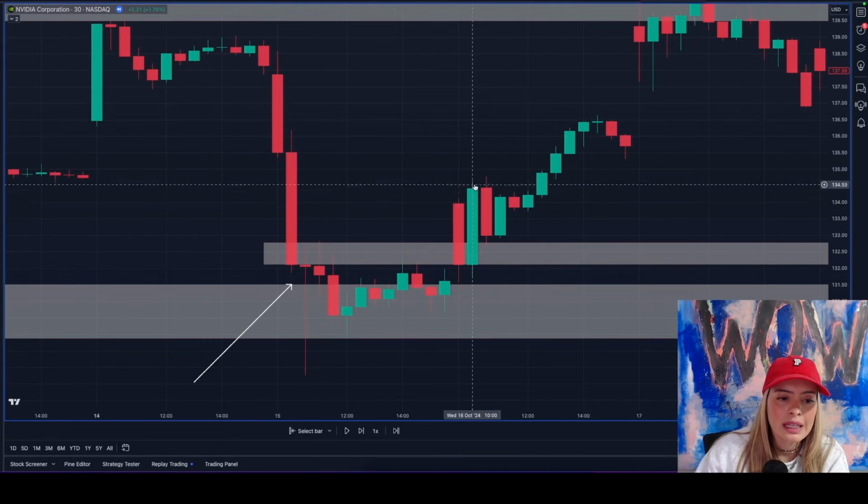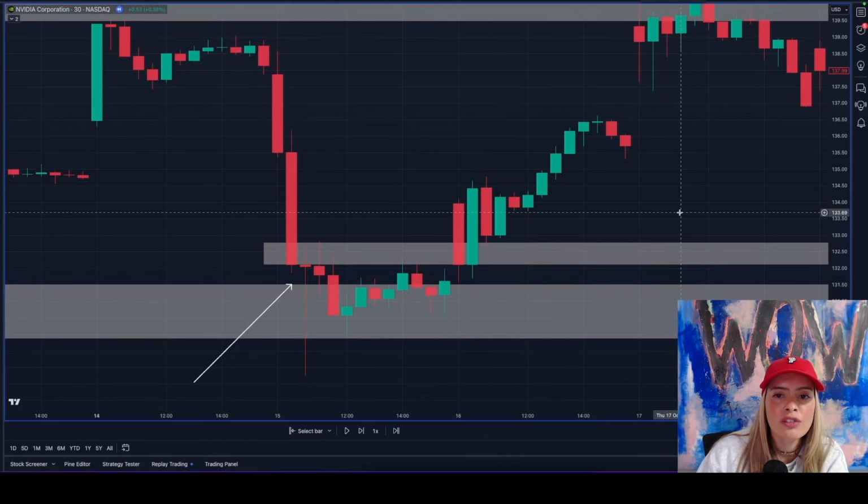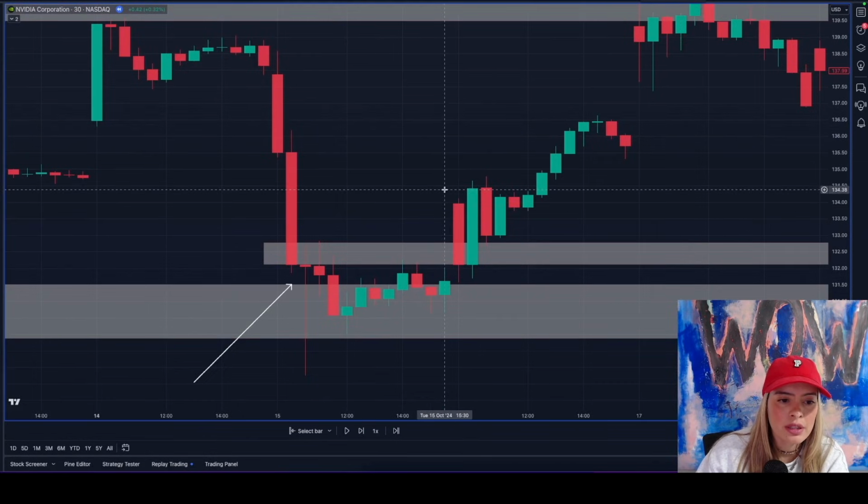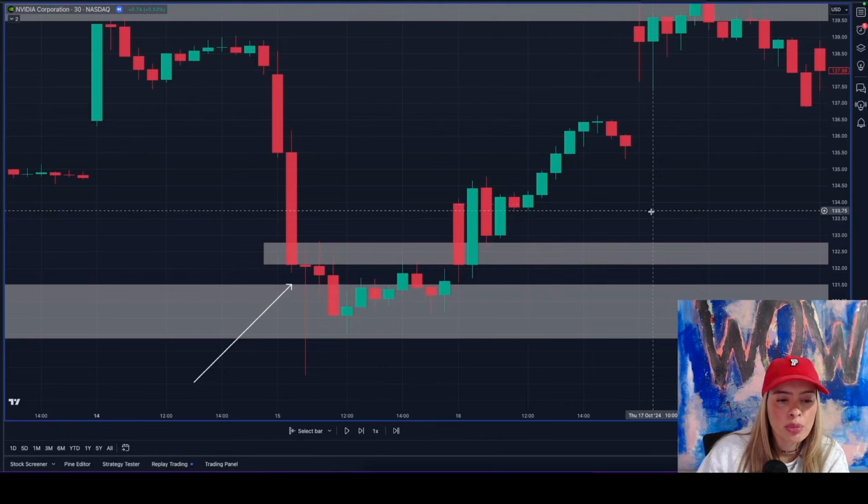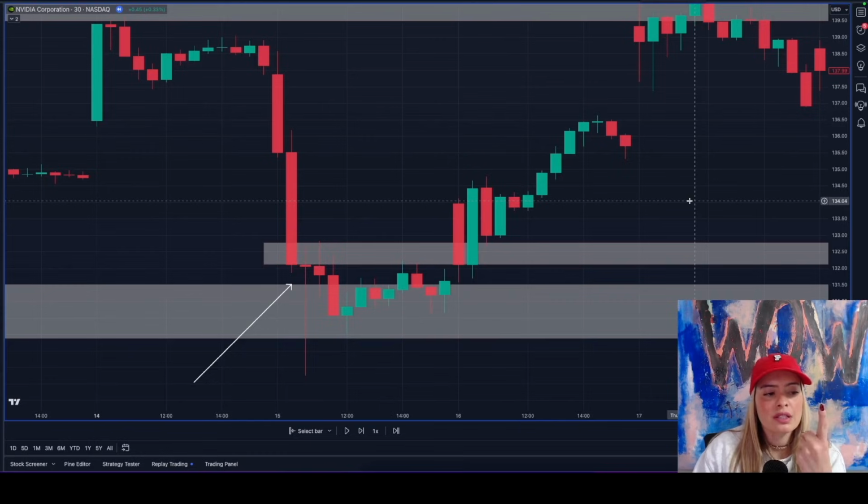We have the next candle. It's an engulfing candle. It's bigger than the one before. It's a bullish engulfing candle, and it's using this previous resistance as support, and it has a wick at the bottom. So it's engulfing, so most likely it's gonna change direction.